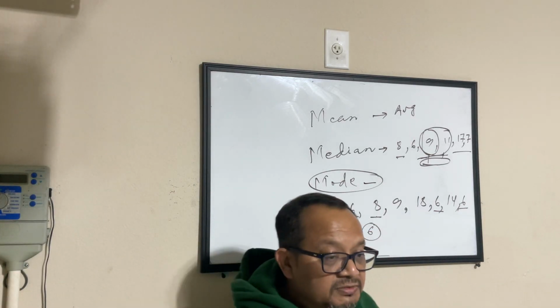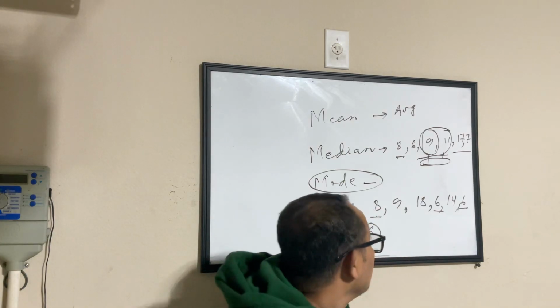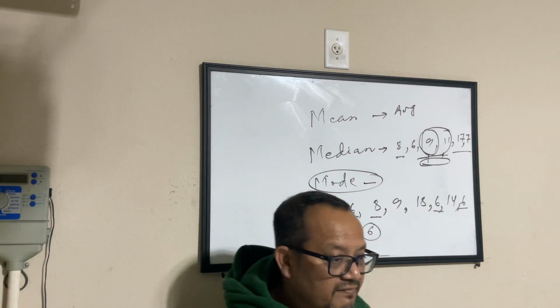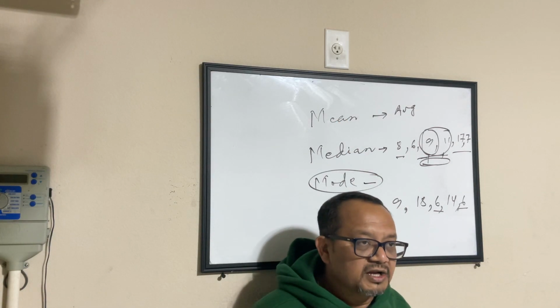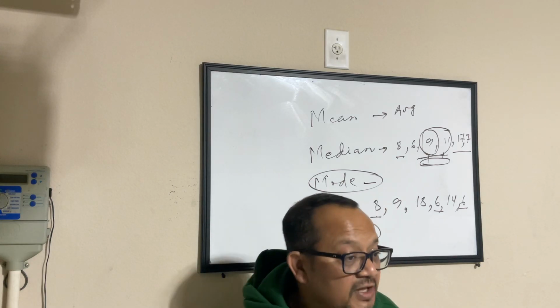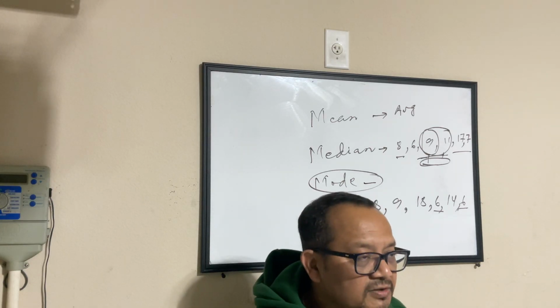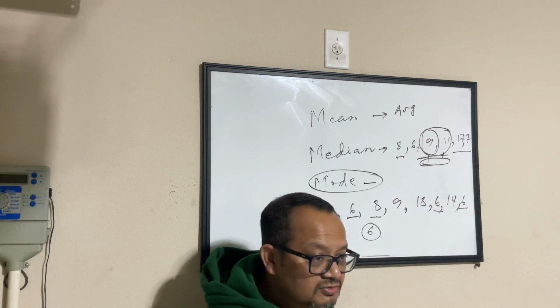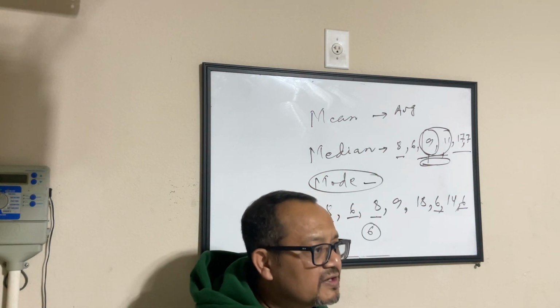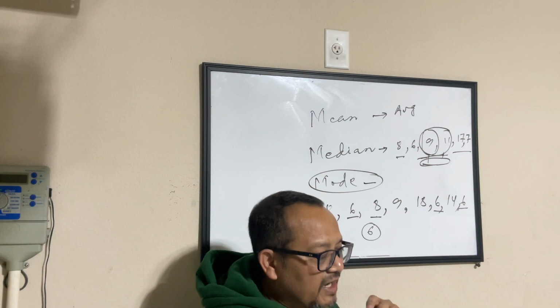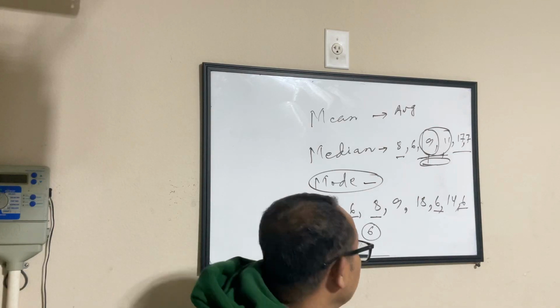Now if you look at the conceptual layout of this, mean gives you the average. Very simple. If you have 10 kids in a class and you are trying to find out the average age, you will find the average, and that you can call the mean also. It just tells you what is the average age of the class, or what is the average based on the data that you have.